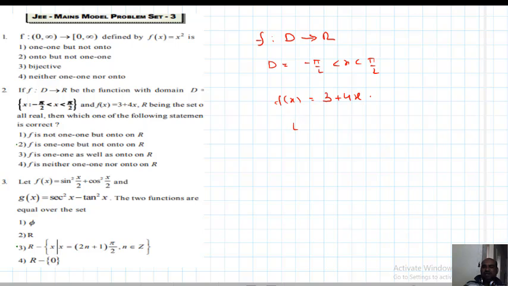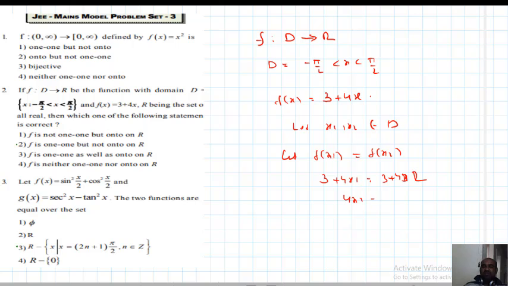Say let x1 comma x2 belongs to D. D means domain, from here to here. Let f of x1 equal to f of x2. f of x1 means what? 3 plus 4x1 equal to 3 plus 4x2.